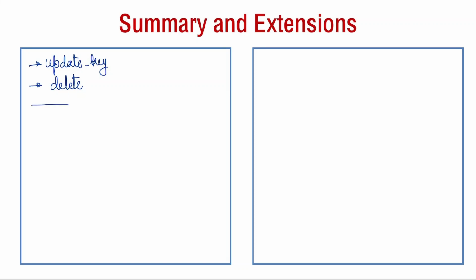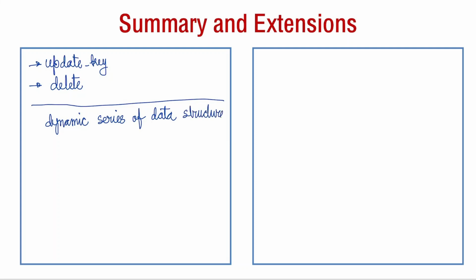In general, other than sorting, we may have a dynamic series of data structure operations which involve insert, remove max, insert. So you can have continuously a series of alternative operations in some cases.